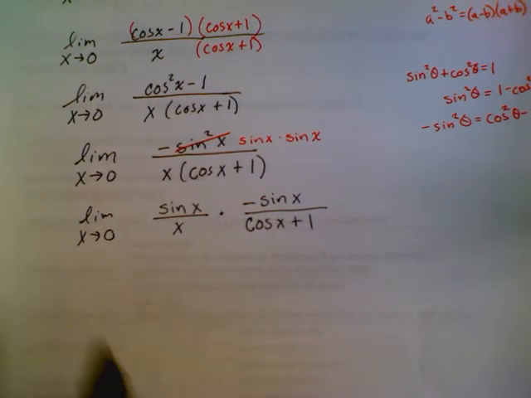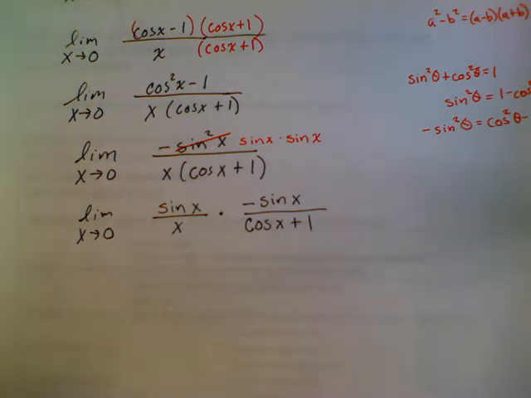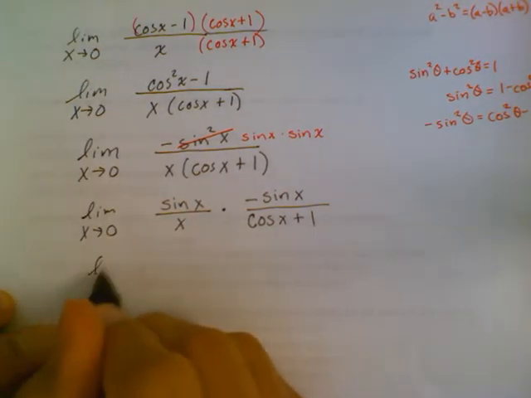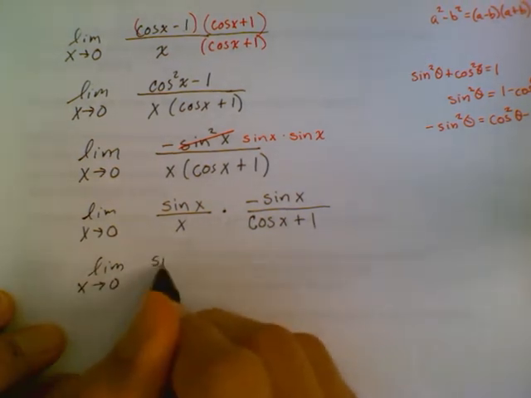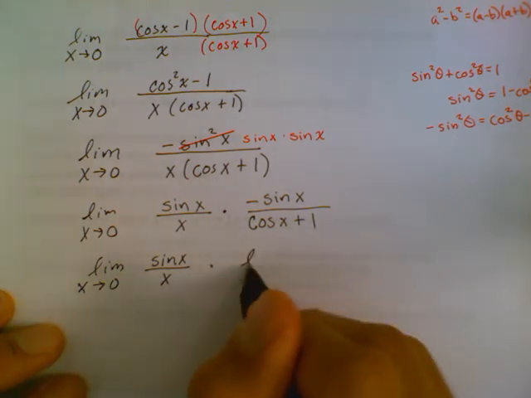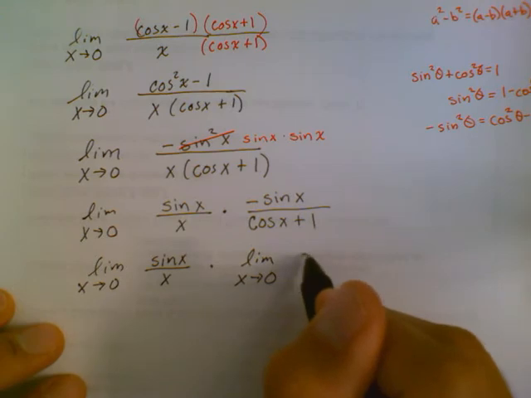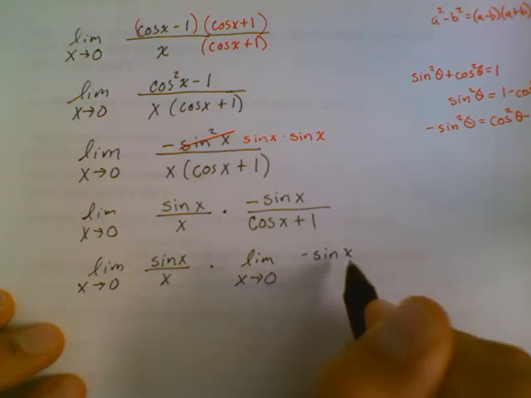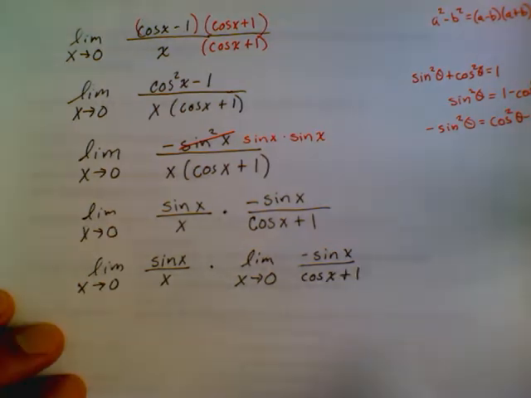Now we know that the limit of a product is the product of the limits. The first factor is the limit as x approaches 0 of sine x over x. The second factor is the limit as x approaches 0 of negative sine x over cosine x plus 1.